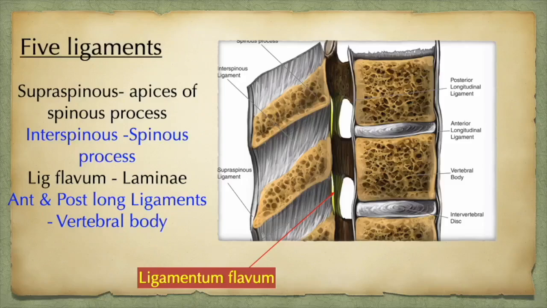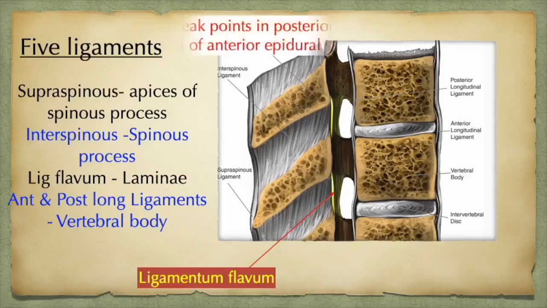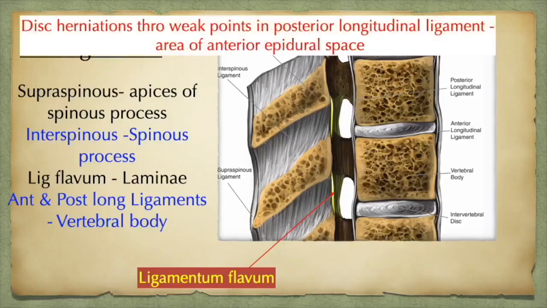Following the puncture of the ligamentum flavum, you enter into the epidural space. The anterior and posterior longitudinal ligaments are placed anterior to the vertebral body and posterior to the vertebral body respectively. The disc herniates usually through the weaker points in the posterior longitudinal ligament to enter into the area of the anterior epidural space.